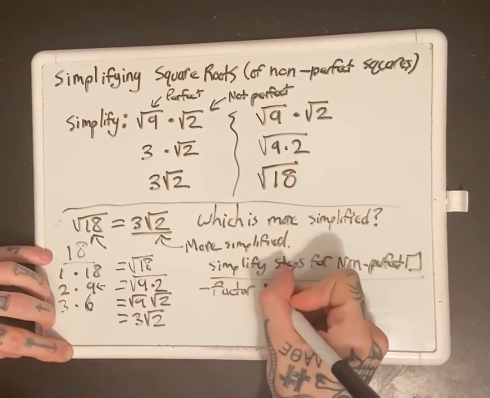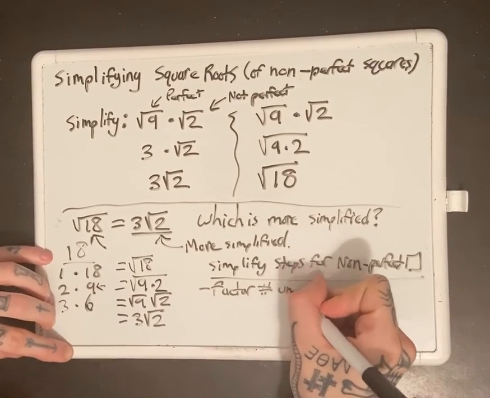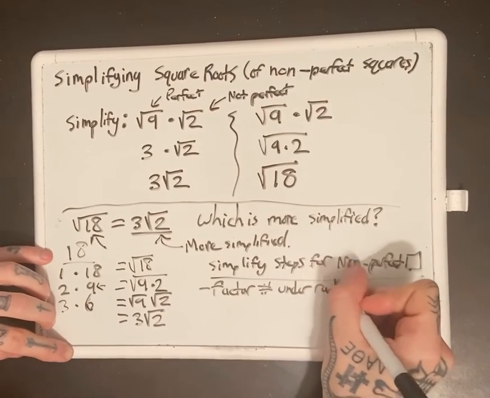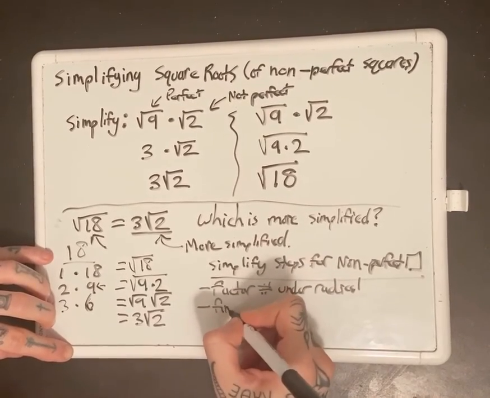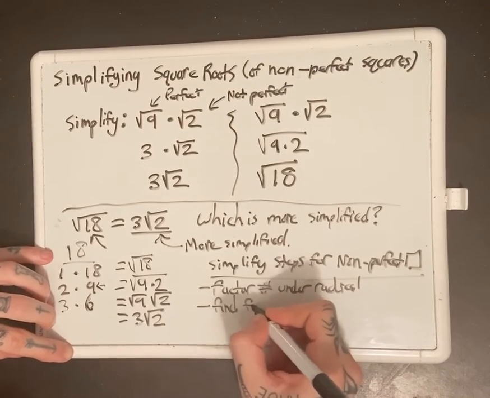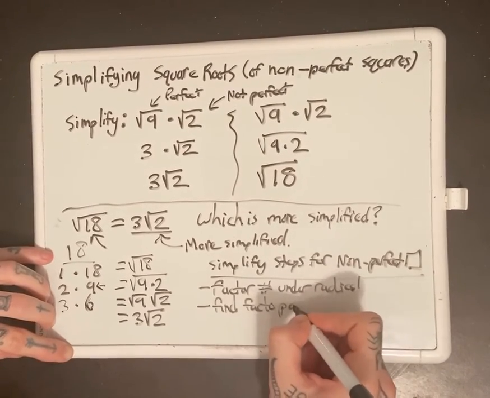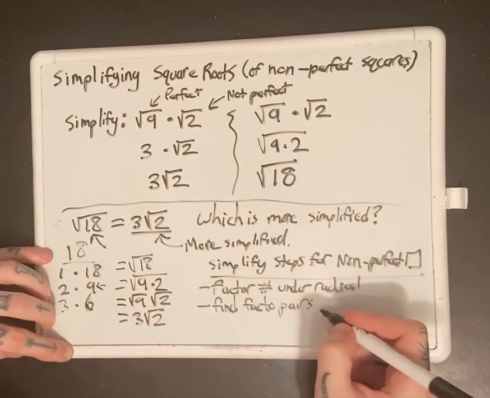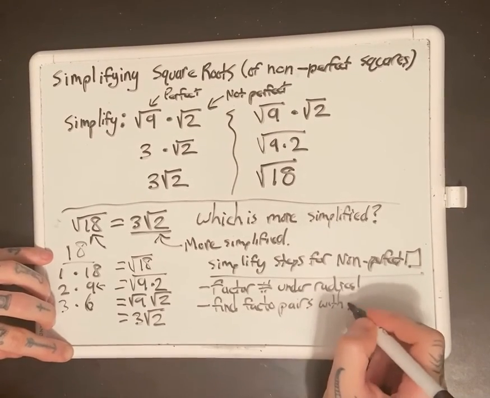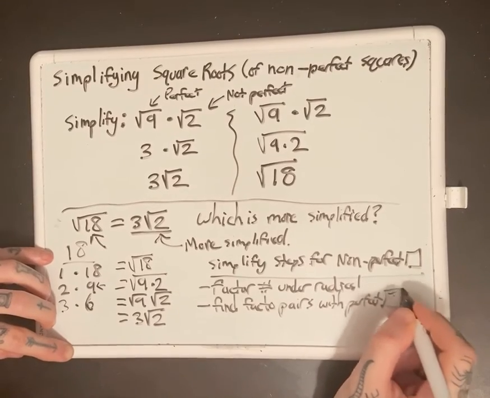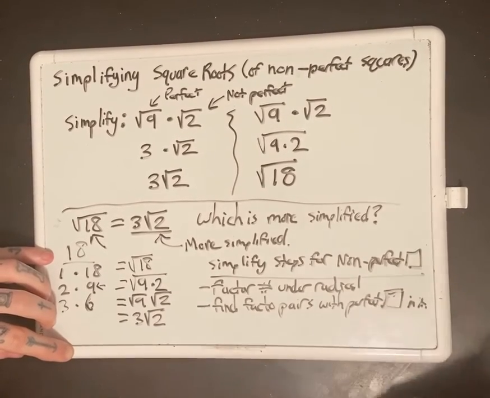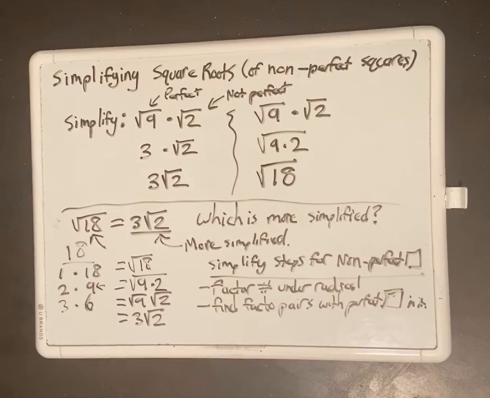Factor number under radical. Find factor pairs with perfect squares in it. Okay, so we're going to look at a few more examples of that.